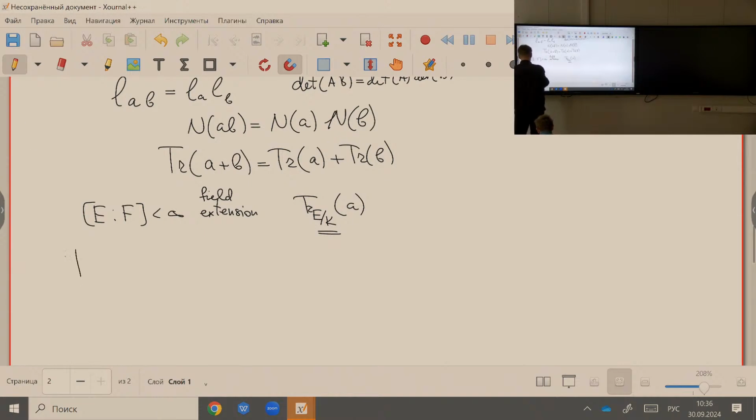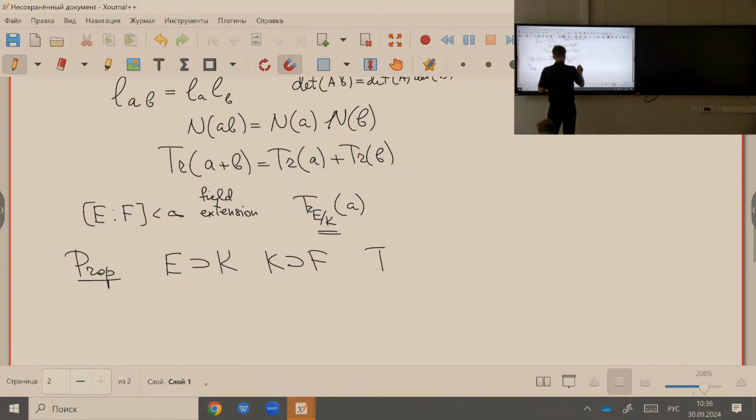Proposition: suppose you have two extensions, E over K and K over F. Then you have the following map for the trace.